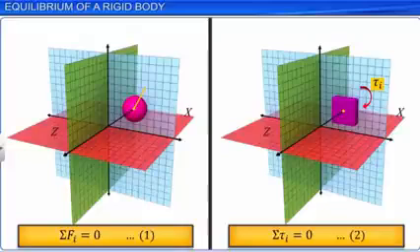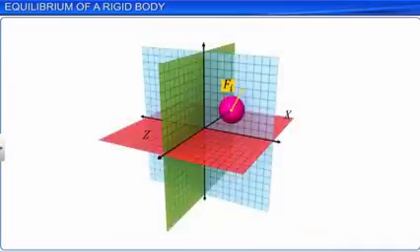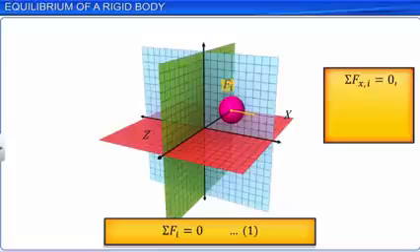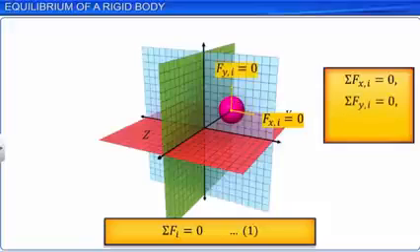In scalar notation, equation sigma Fi is equal to 0 can be written as 3 independent equations. Sigma Fxi is equal to 0. Sigma Fyi is equal to 0. And sigma Fzi is equal to 0.